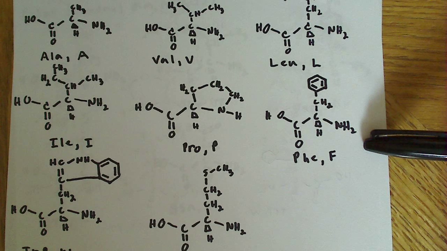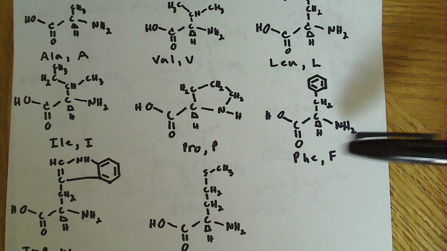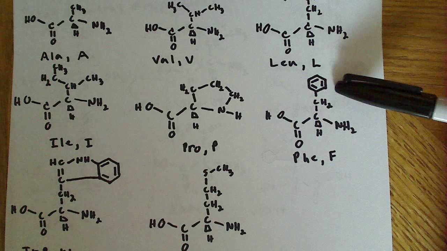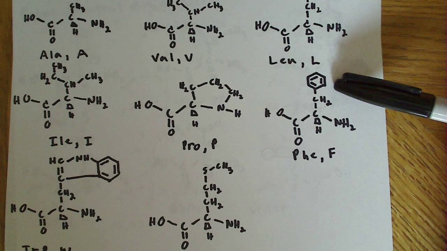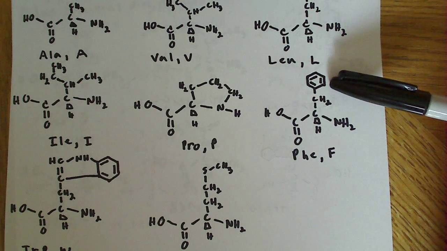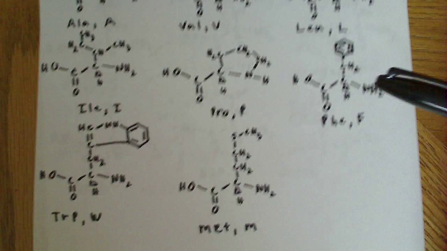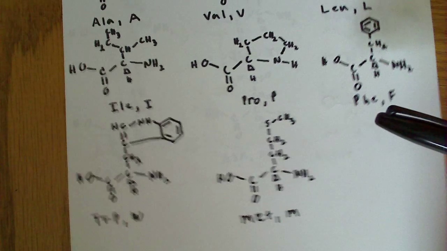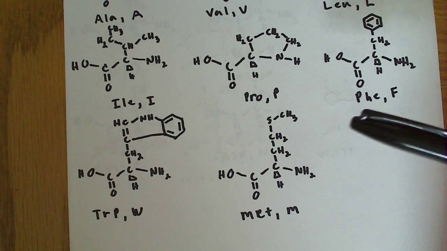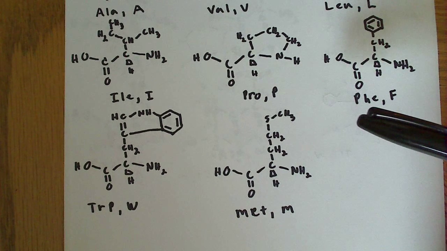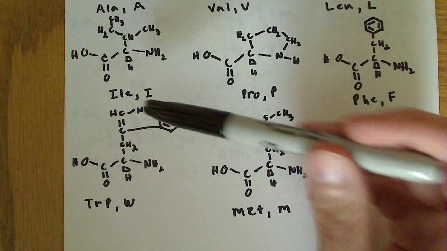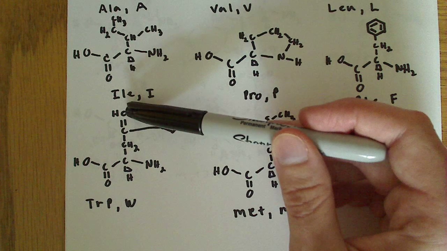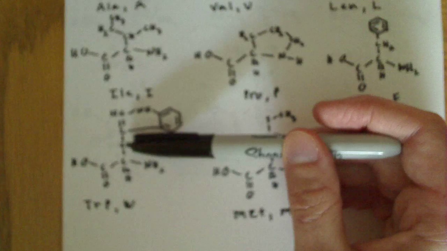The next one is phenylalanine, and the abbreviation is PHE, F, and that does have an aromatic benzene ring. So CH2, benzene ring. Another of the aromatic nonpolar amino acids is tryptophan, and that's TRP, W. And we can see again we have the benzene ring attached here, NH, CH, double bond C, CH2.